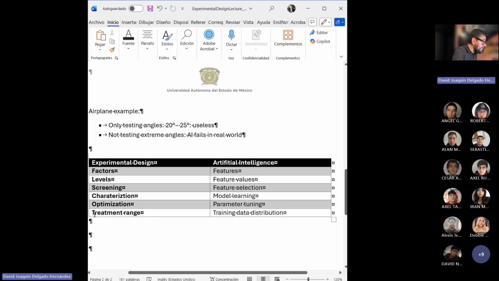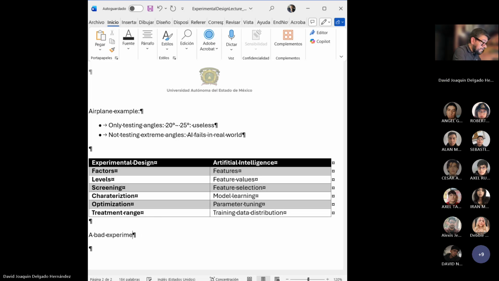Okay, so here we can say that a bad experiment produces bad data, and bad data produces a bad AI model, artificial intelligence model. Okay.